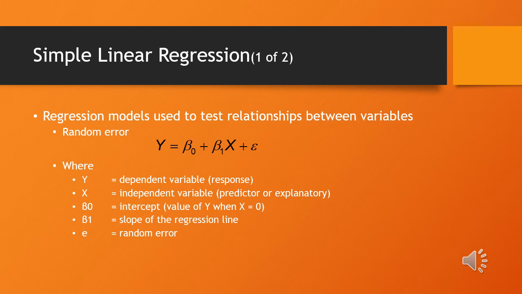So in our case, y is the dependent variable, x is the independent variable, or predictor or explanatory variable, beta 0 is the intercept, the value of y when x equals 0, beta 1 is the slope of the regression line, and epsilon is the random error.